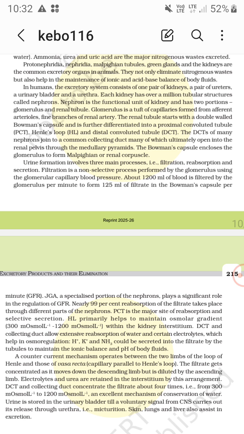Filtration is a non-selective process performed by the glomerulus using the glomerular capillary blood pressure, that is GFR, glomerular filtration rate.